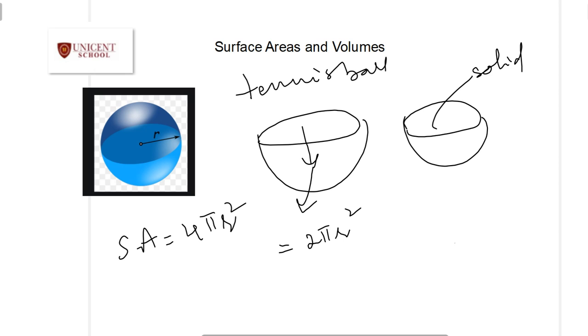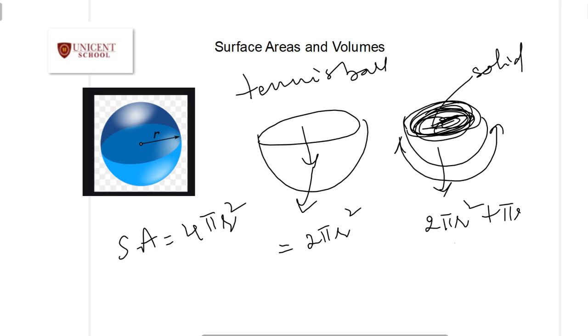This is applicable in the case of a tennis ball. But what about the solid hemisphere? So this part is also added. If I want to paint this solid hemisphere, then I have to paint this part completely, and this part, that is the area of a circle. So 2 pi r square plus pi r square gives us 3 pi r square.